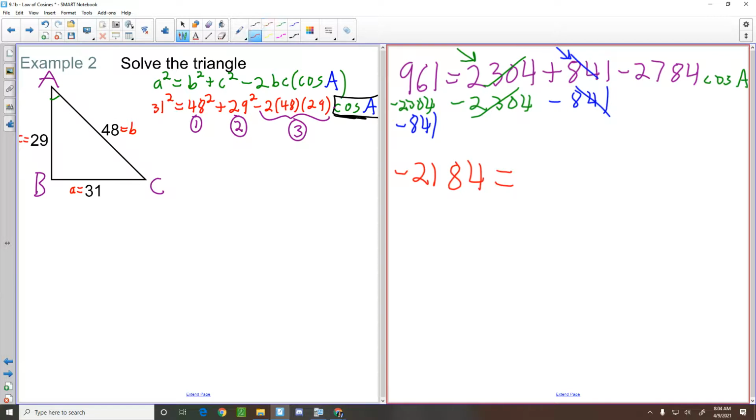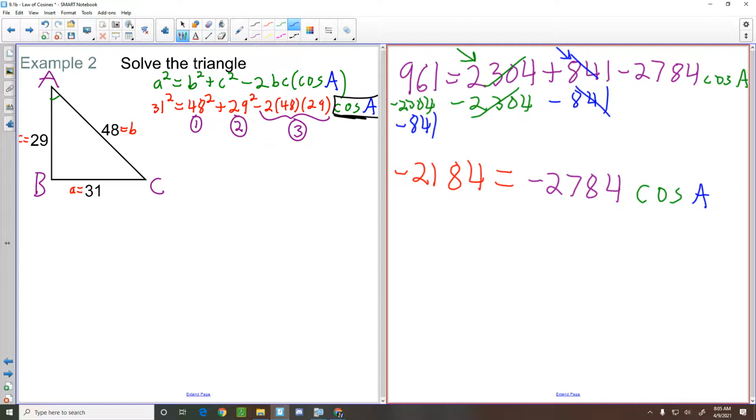And that equals, on the right side, the last thing we have, this negative 2,784 times the cosine of angle A. Everyone with me so far to this point? Can I get a quick nod if you're following these steps at least? Okay.